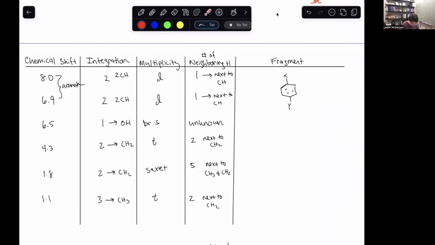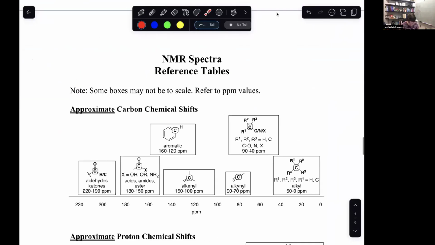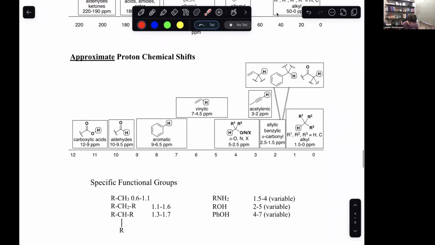We have an alcohol at 6.5. So if we just review real quick here, our special functional groups or approximate proton chemical shifts. If we're looking at our alcohols, they're down here. A regular alcohol is like 2 to 5, and one on a benzene ring, so making a phenol, is 4 to 7.